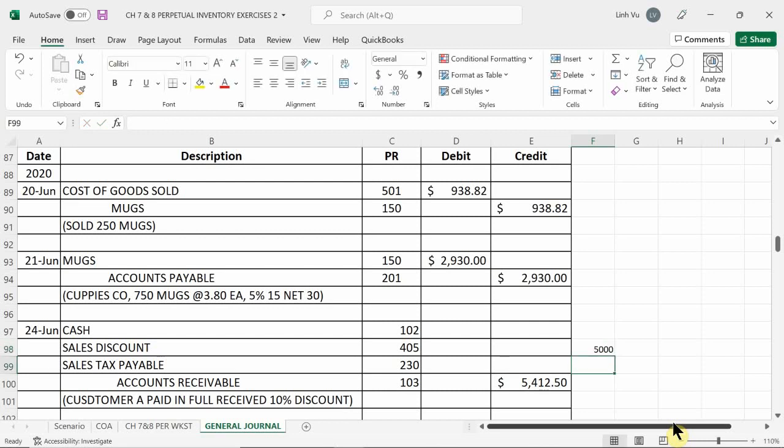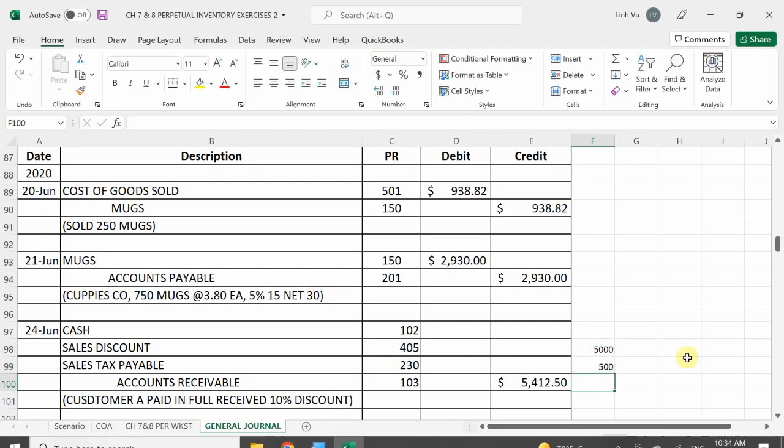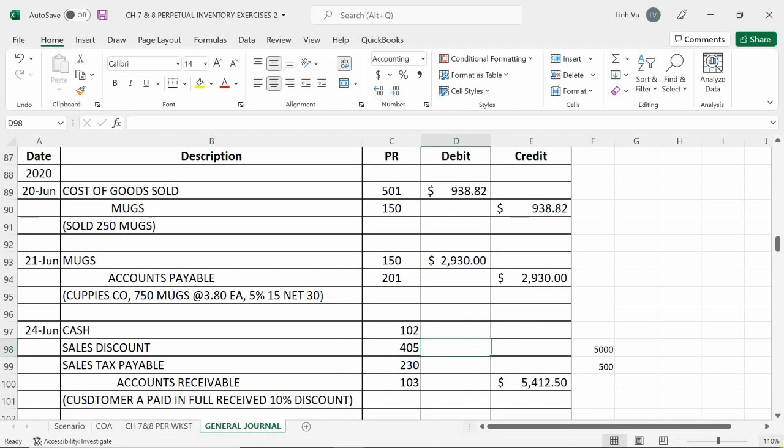So it should be $5,000. Okay, good. So that means I need to figure out what that 10% discount is going to be off of $5,000. That's $500, right? $500 discount.